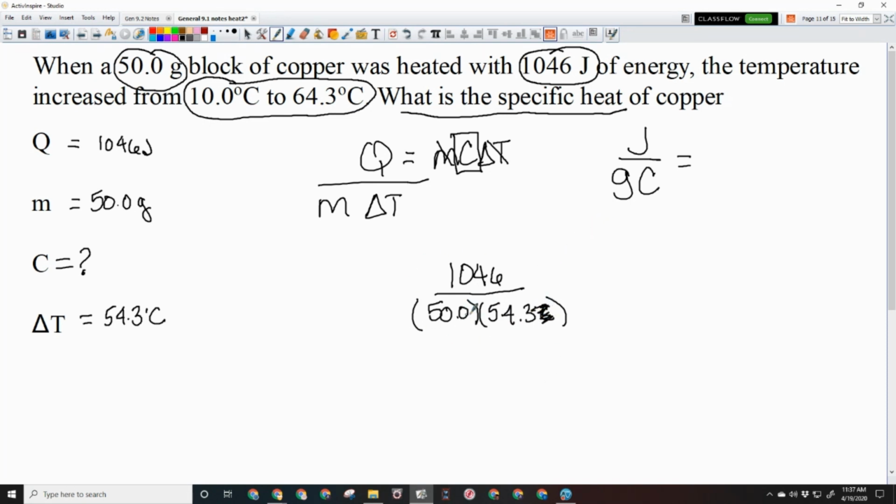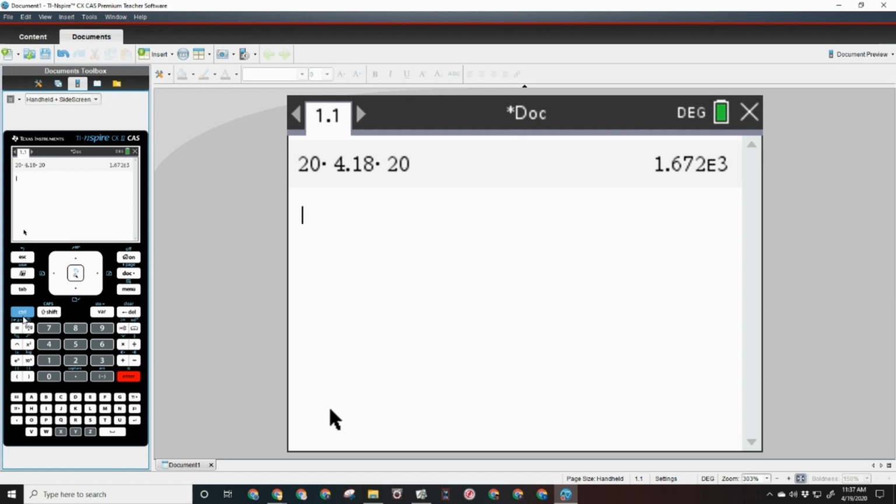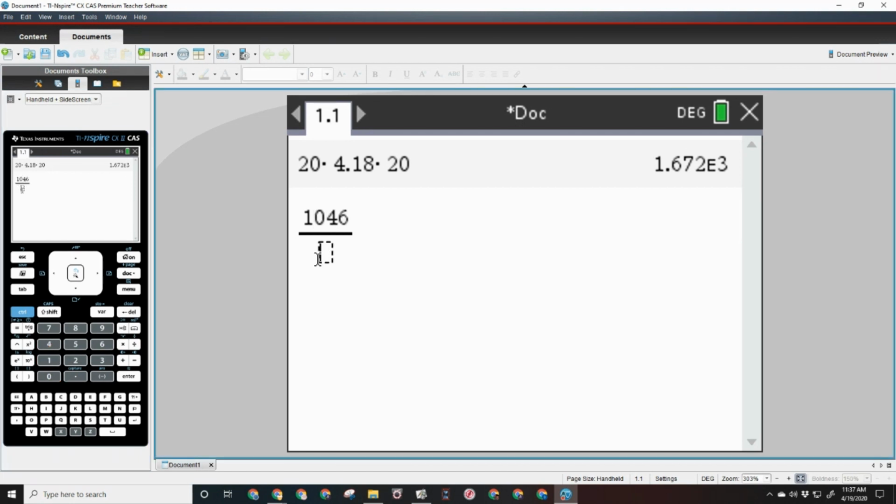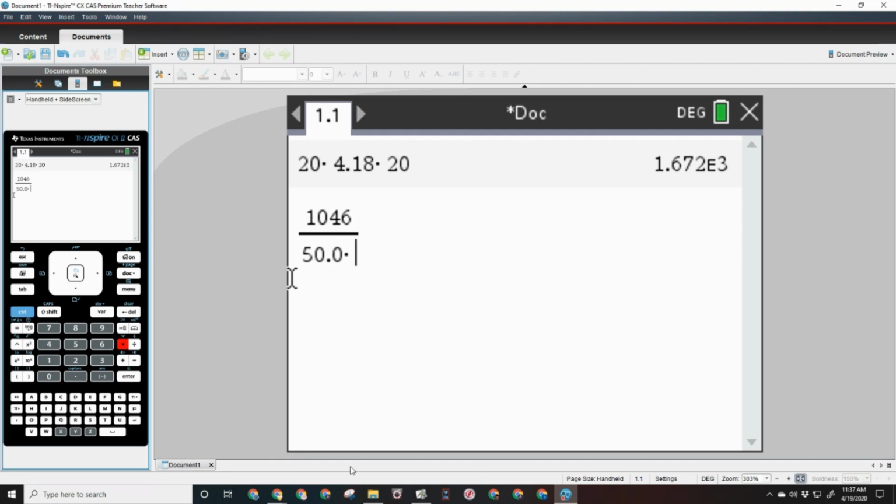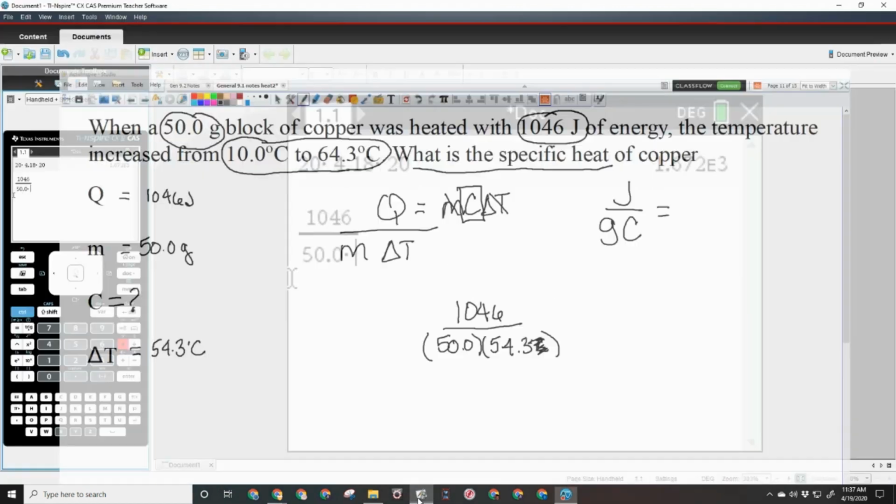All right, so this is our math problem now. I am going to do box over a box like this. So I have 1,046, and on the bottom 50.0 times 54.3.